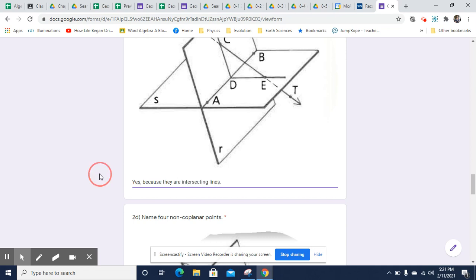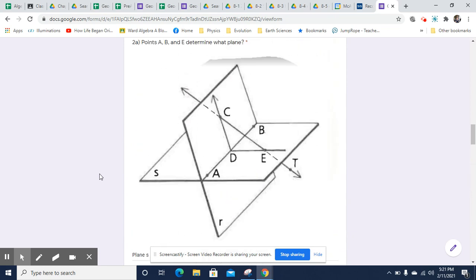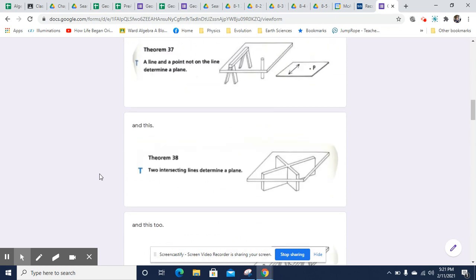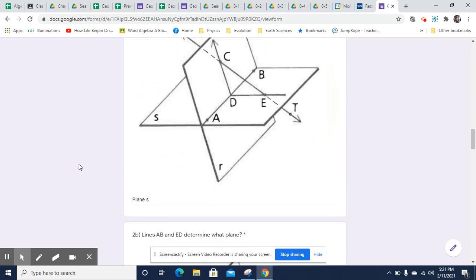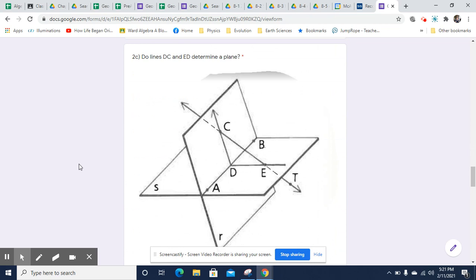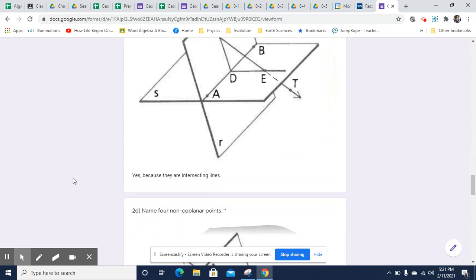And you might have gone back up to review the theorems and the postulates. So here we go. Theorem 38, two intersecting lines determine a plane. DC and ED intersect at D, so they will determine a plane.